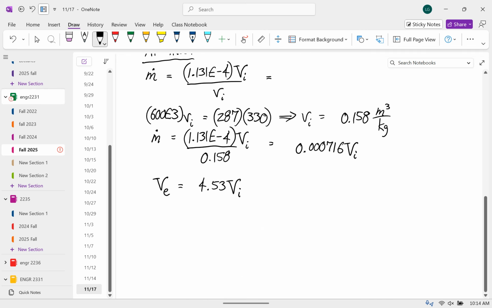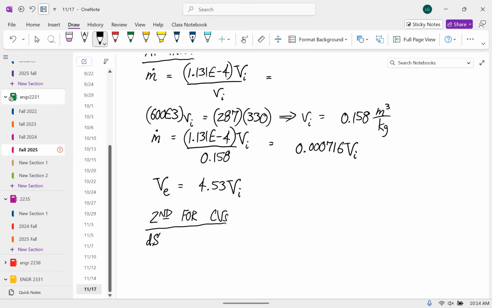So, second law for control volumes. The change in entropy, no, we want the control volume equation.